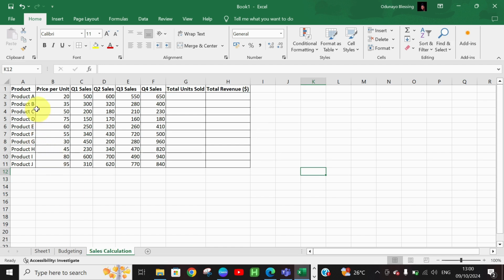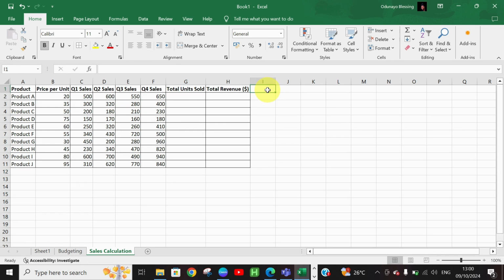Now for this other data, we're already having product A to J. The unit price of each of the products is this. The quantity sold in quarter 1, quarter 2, quarter 3, quarter 4 are this. Now they want us to calculate the total revenue for all of that.